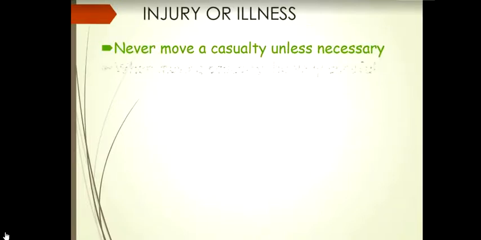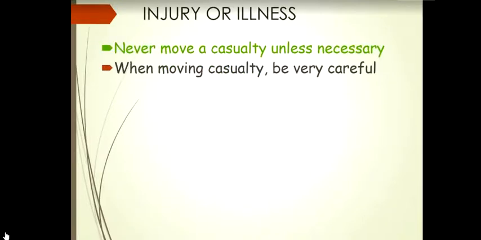Now let's look at prevention of deterioration of injury. How do we prevent that a particular patient or student who has been injured in a life-threatening situation, their injuries do not get worse? Okay, number one, never move a casualty, and a casualty from henceforth is anyone who has been injured. So never move a casualty unless it's absolutely necessary.